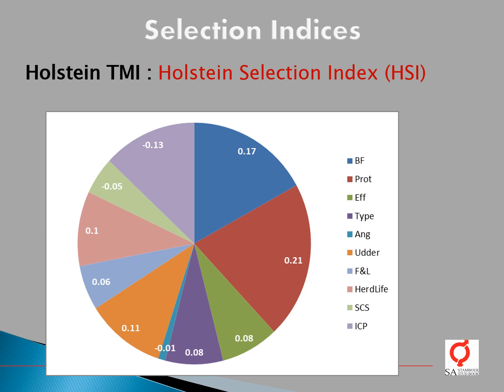Also note that milk yield itself is not included in this index because it's highly genetically correlated to butterfat and protein yield, meaning that milk yield will automatically also improve if you select on this index, but by not including milk yield, it will also result in butterfat and protein percentages being improved.